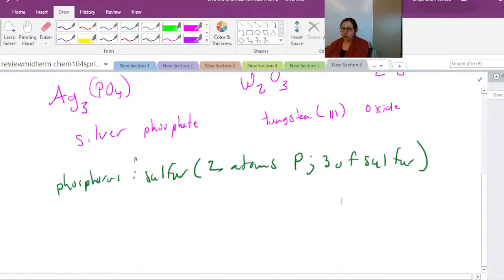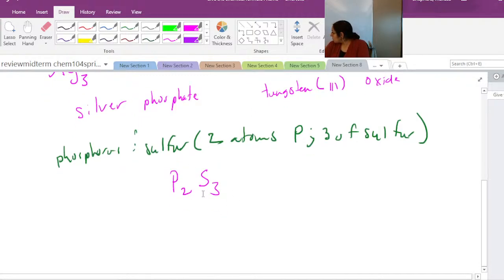All right, and then our last one, so this is kind of like a freebie, but it has to be for covalent, and we just have to remember how to name it properly. So again, they told us that it's 2 atoms of phosphorus, 3 of sulfur. So what's our formula? So don't overthink it. So P2S3, perfect. And then of course the trick is the covalent naming in this one.